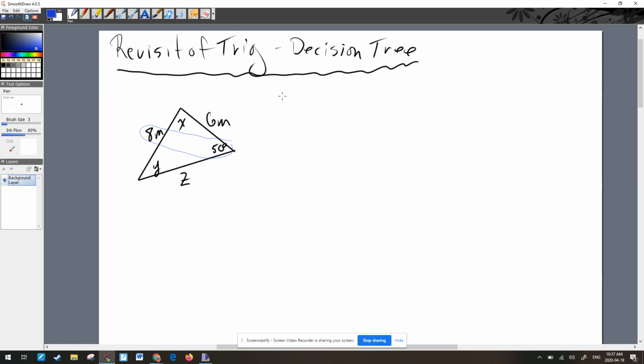I'm going to go with a over sine A equals b over sine B equals c over sine C. And then I'm going to assign some letters over here just to make my life a little bit easier. So A, B, and C, which means this is little a, this is little b, and this is little c.